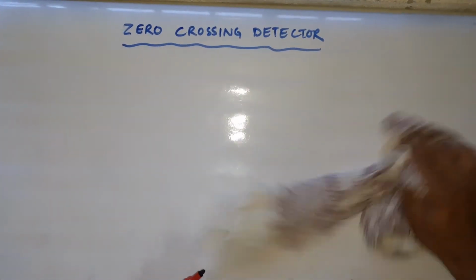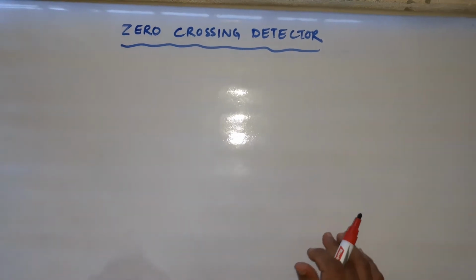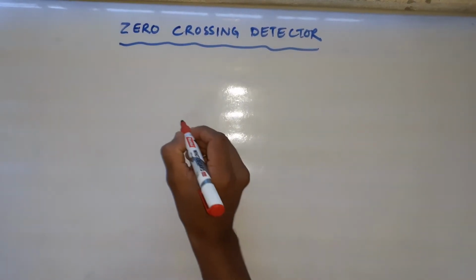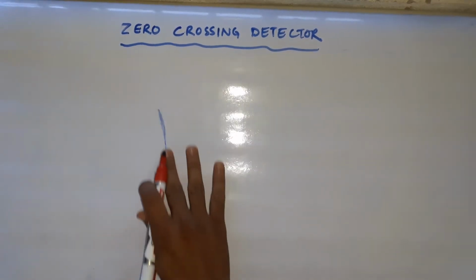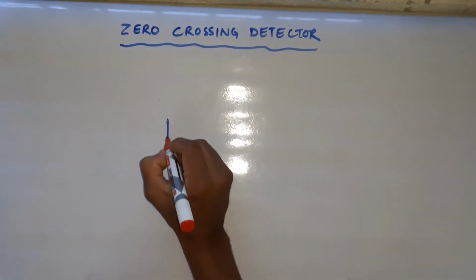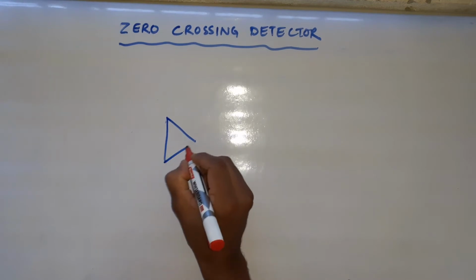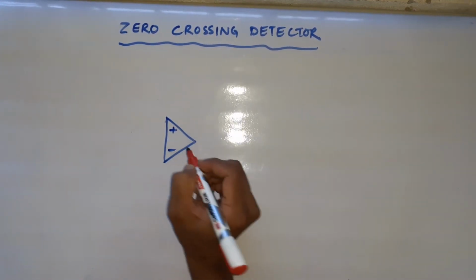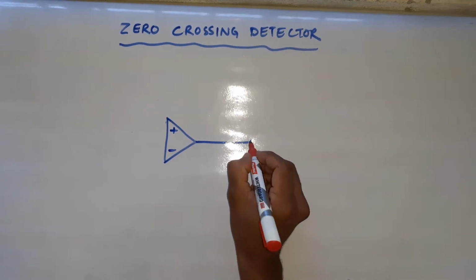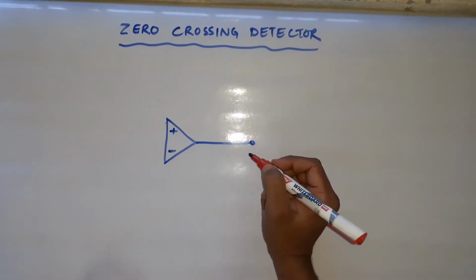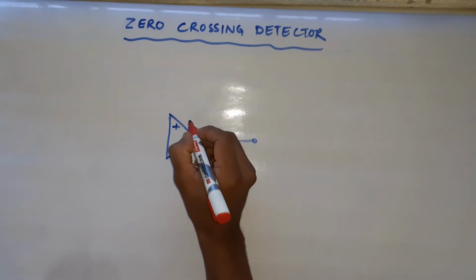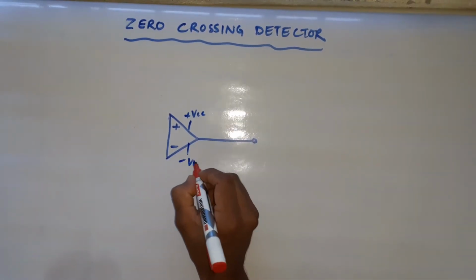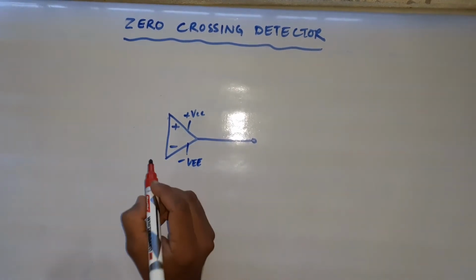Now I'll be drawing here. It's very simple. This is your normal op-amp, plus VCC as it is, minus VEE as it is.